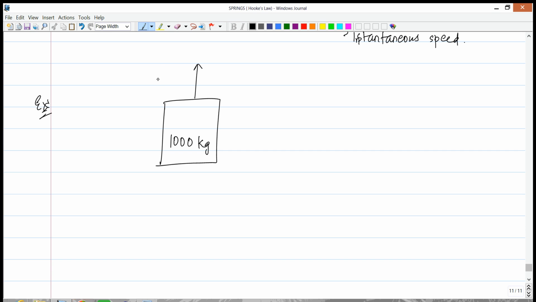And while it's doing this, let us say that it is accelerating the vehicle at a rate of 0.2 meters per second squared. Let's try to figure out the average power delivered in moving this elevator for a time of, say, 2 seconds, and assuming that it starts at rest.